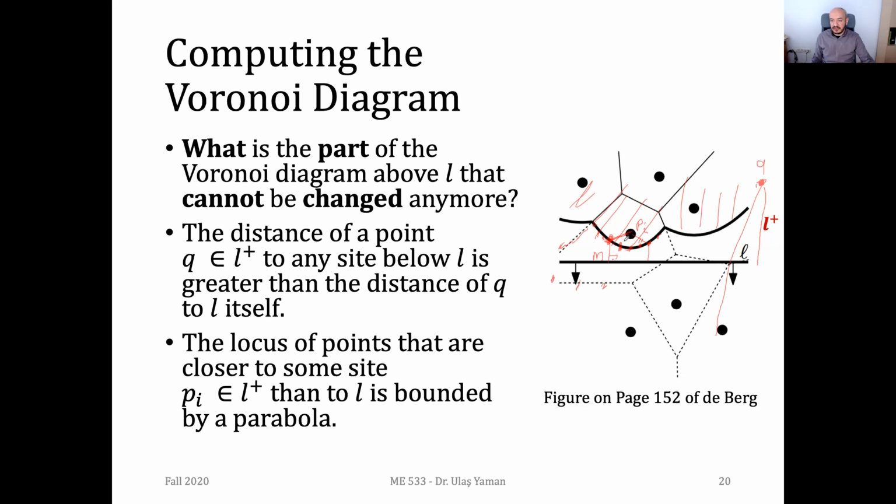But any point inside this region will have less distance to the site than its distance to the sweeping line. So that's the main thing behind the parabola. With the help of this fundamental statement, we will draw all the parabolas around the Voronoi sites and try to come up with the whole Voronoi diagram.